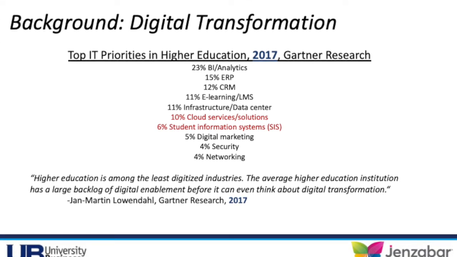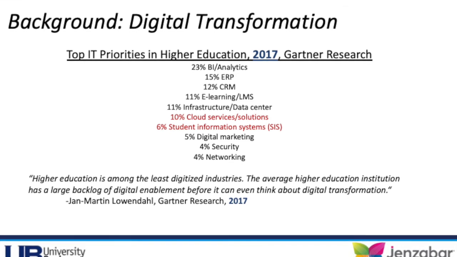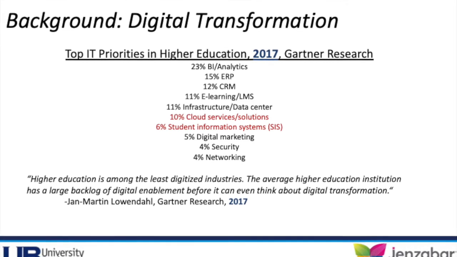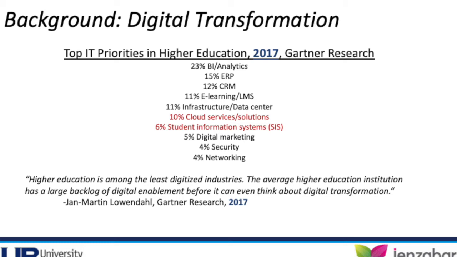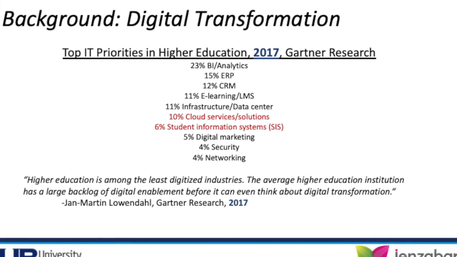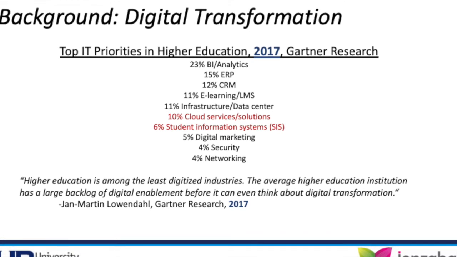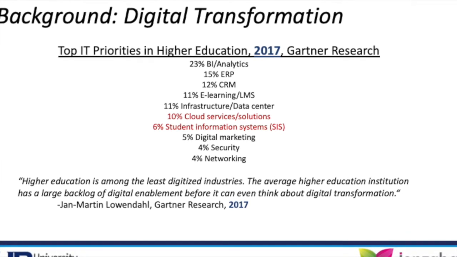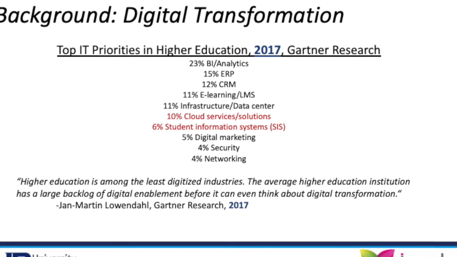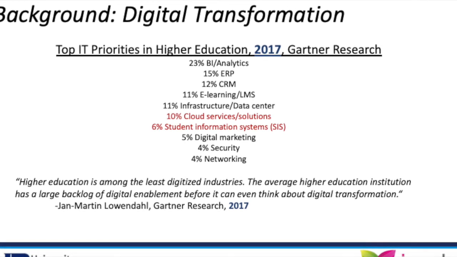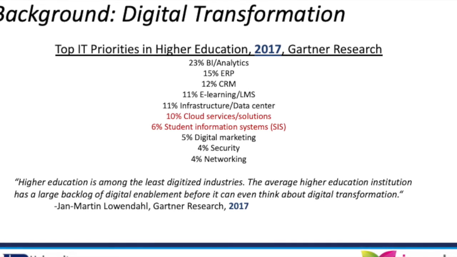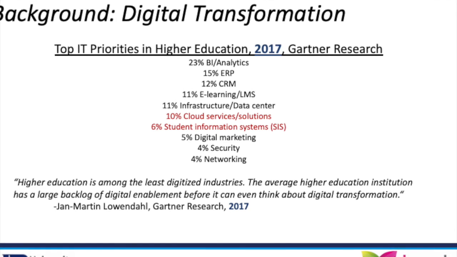Higher ed is among the least digitized industries. Unfortunately, the average higher ed institution has a large backlog of digital enablement before it can even think about digital transformation. So again, this is way back in 2017. A lot of folks talking about the need to transform, and that includes moving systems to the cloud, enabling you to be more nimble to adapt quickly.